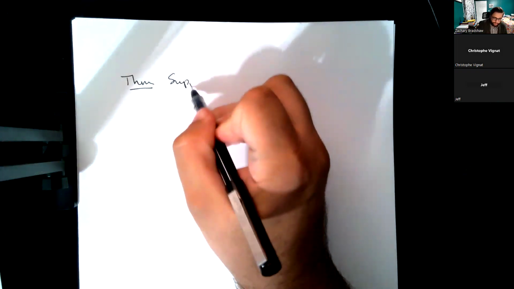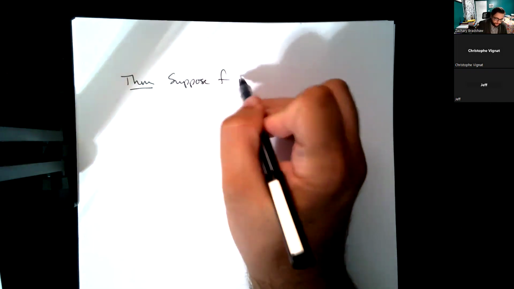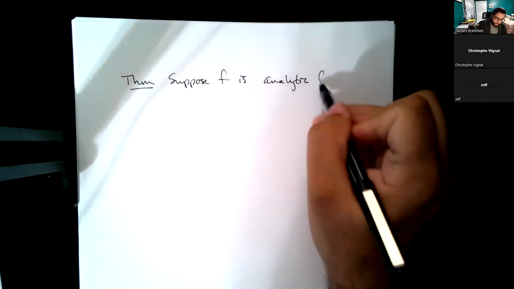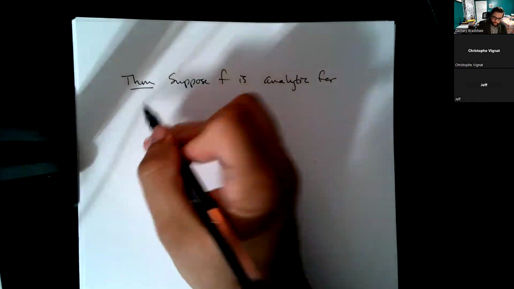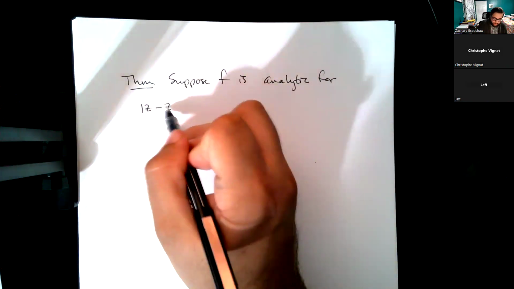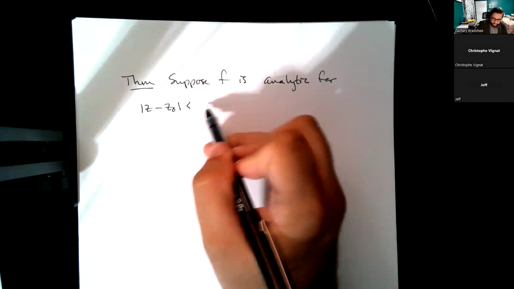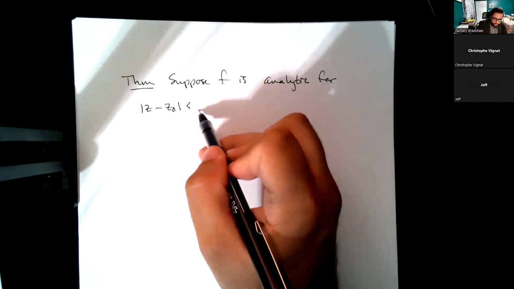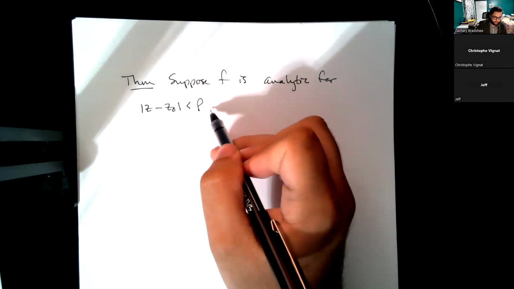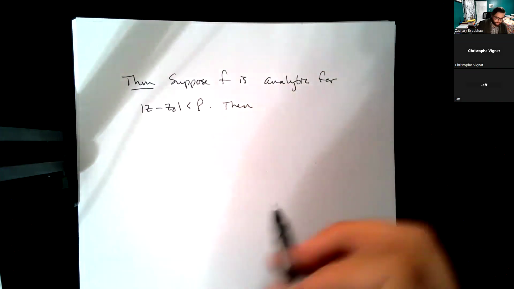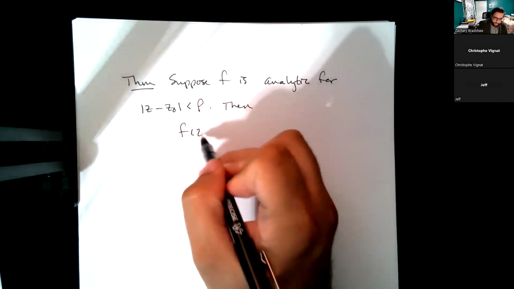So suppose f is analytic for z in the disk centered at z0 with radius rho, then f can be represented by a power series.